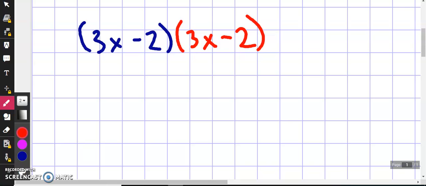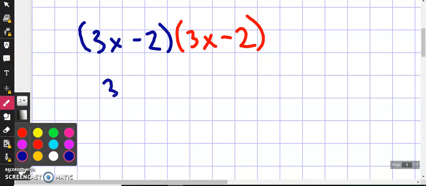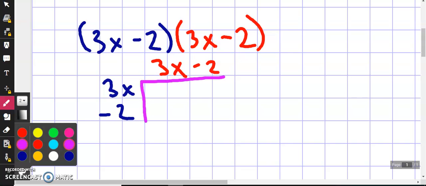And so from here, we're going to set up our multiplication just like we did before. So 3x minus 2 goes up and down. And then the second 3x minus 2 goes on top. There's my box. And so we'll multiply.